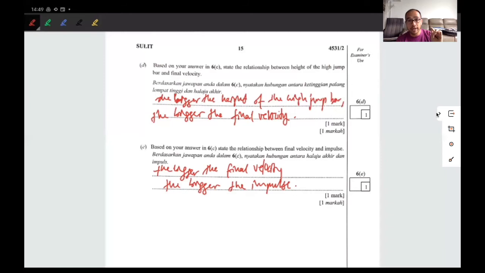Be very, very careful with this. In this question, they already give you the correct order, final velocity comes first, then impulse. But not every question is like that. So always make sure your brains are turned on when you are writing a relationship. Super, super important.